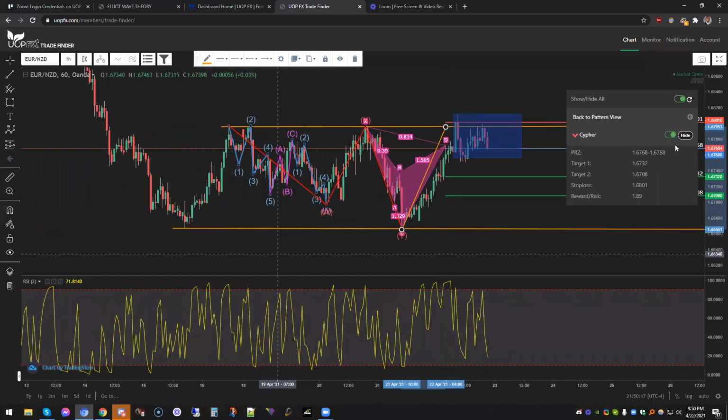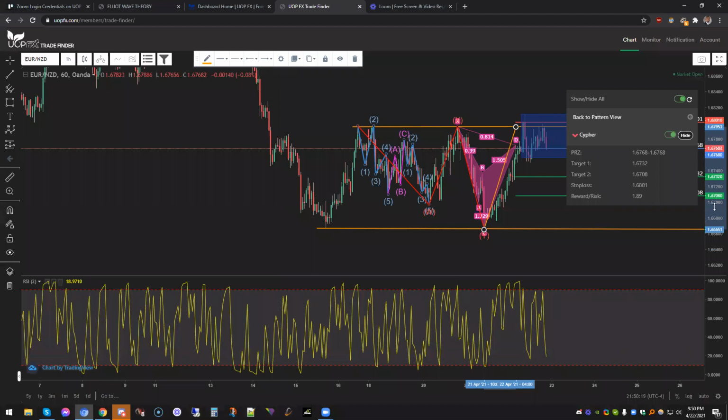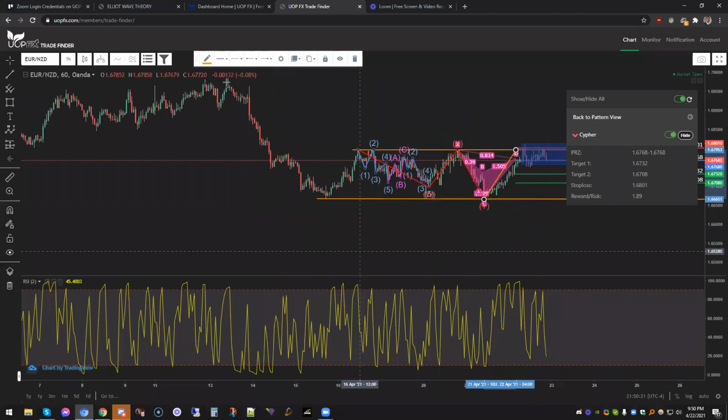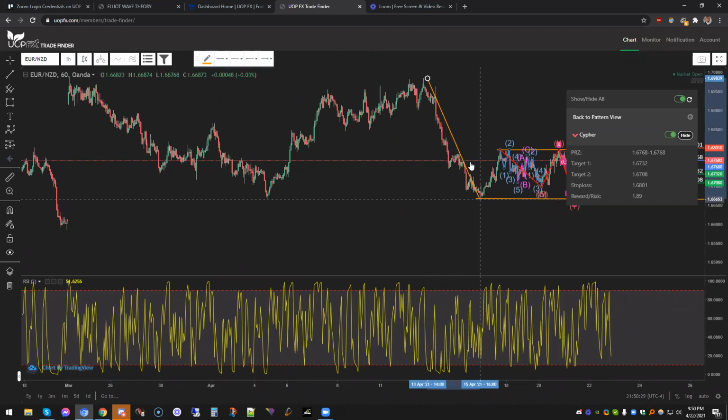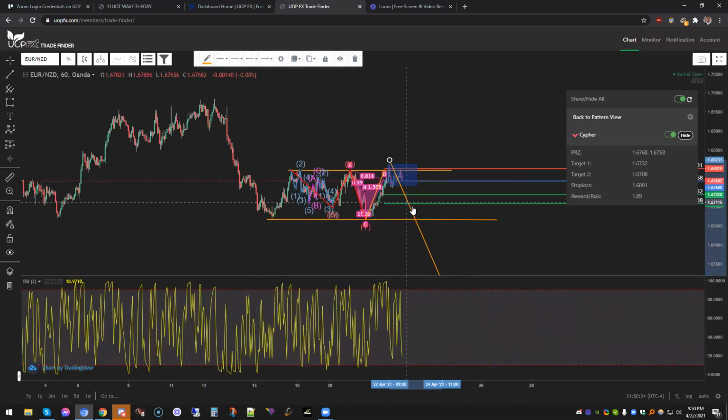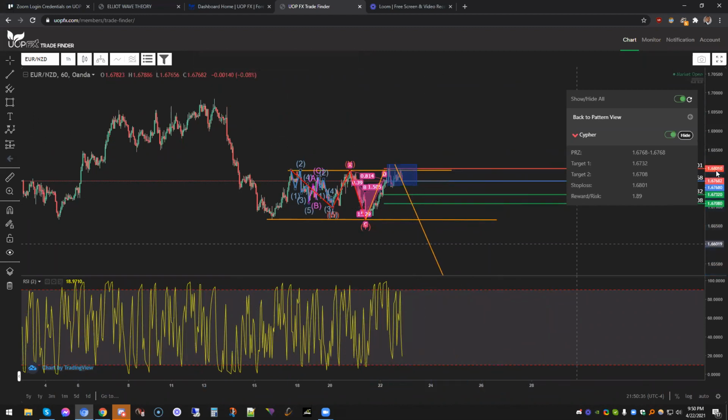If you want to use measured moves, then you can simply measure the previous impulse, and this would give you an idea of where you can expect this move to go.